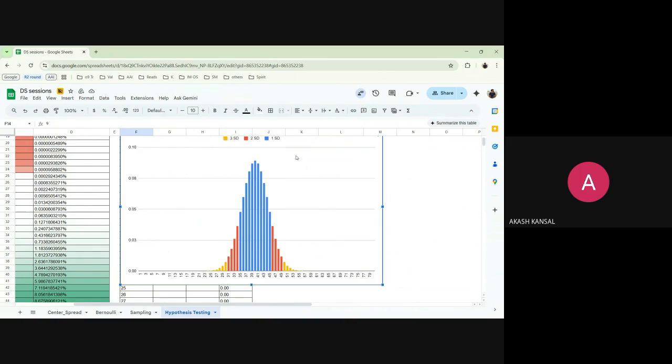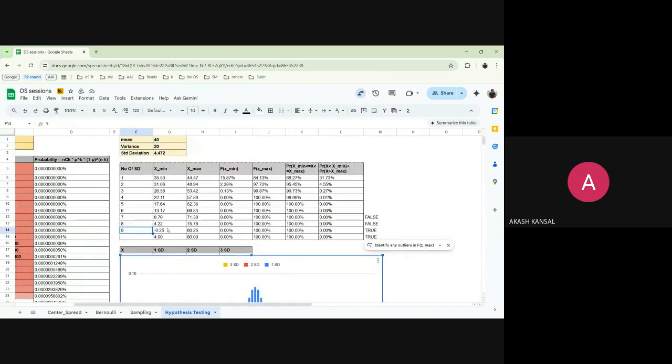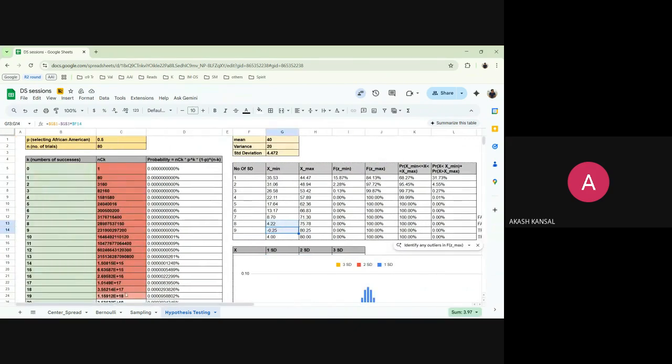Yellow plus red plus blue is within three standard deviations of the mean, right? So we know that the probability of x less than or equal to 4, if you take the minimum value of 4 and maximum value of 80, then you will get an F score of almost 0%. Excel is not able to figure this out. This is such a low value, right?